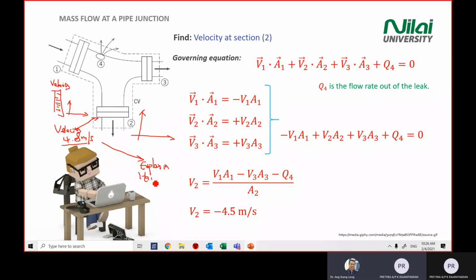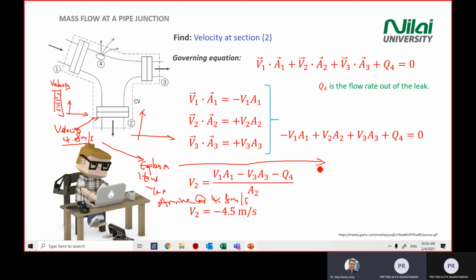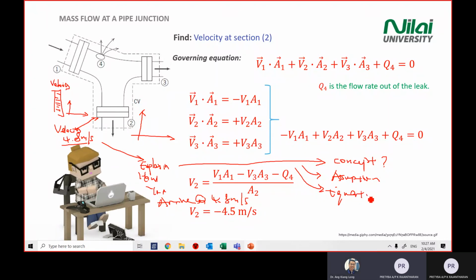Okay, so you need to explain how you arrive at 4.8 meters per second, meaning what we expect from your answer is what concept you use, what assumption you use, what equation you use.